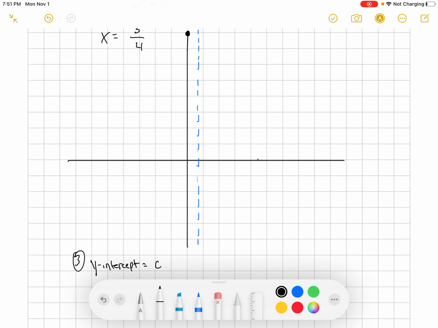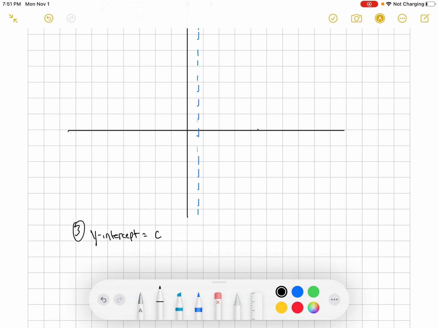So it's 0.75 away from my axis, so I want to go to the right 0.75 or 3/4. And it's going to be right here in the middle of 1 and 2. So my y-intercept is 8, and then we mirrored that point.